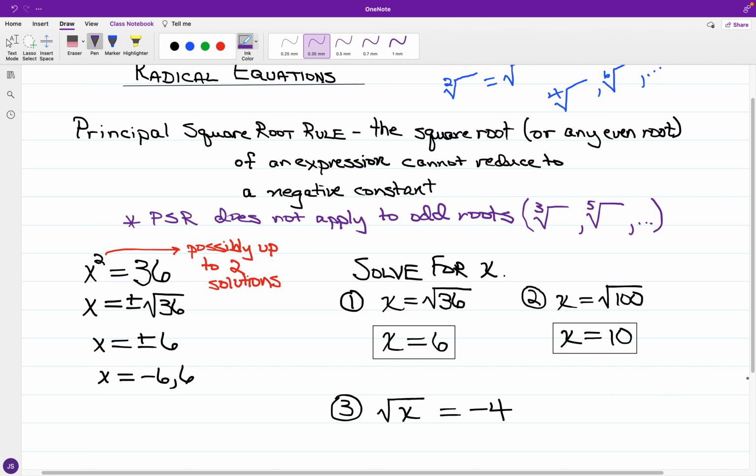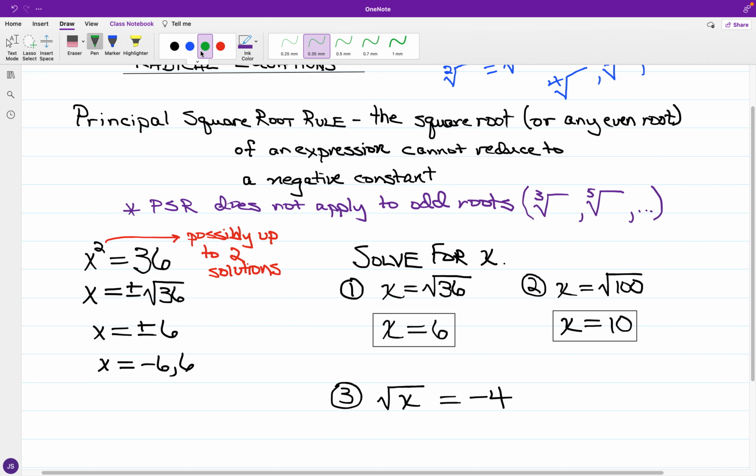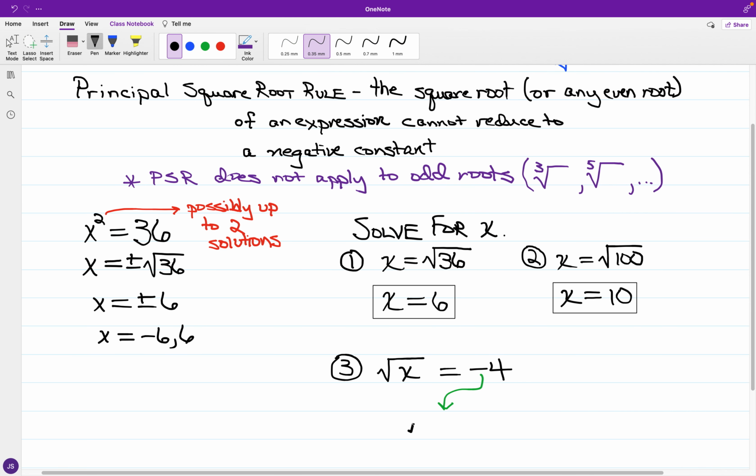Looking at what I have here, we have the square root of x, and we're trying to reduce this to a negative constant, because of the negative in front of the 4, there is no solution.